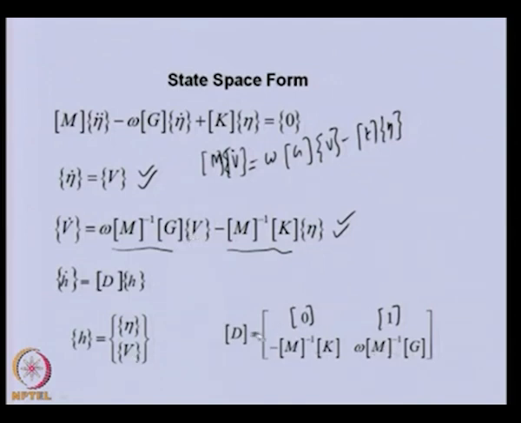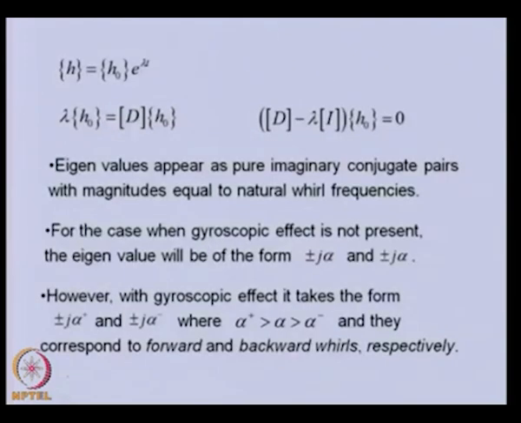So, basically if we expand this equation, we will get these two equations back. So, this is the standard eigenvalue problem. Now, the solution of this we can assume as some amplitude and e^(lambda t), where lambda is an eigenvalue.